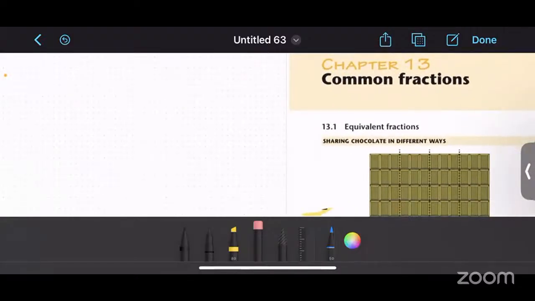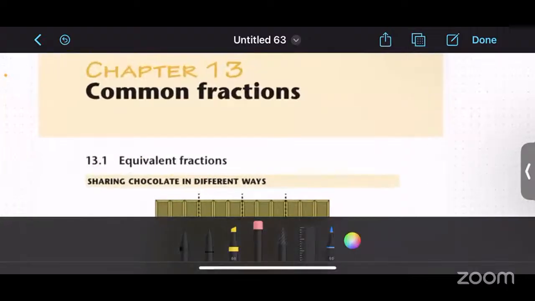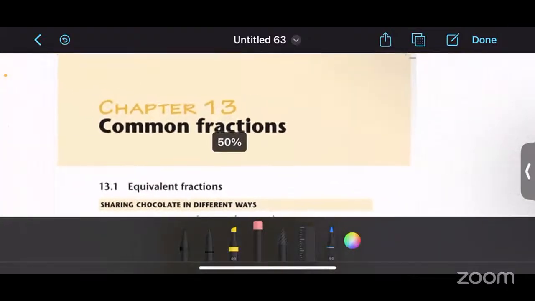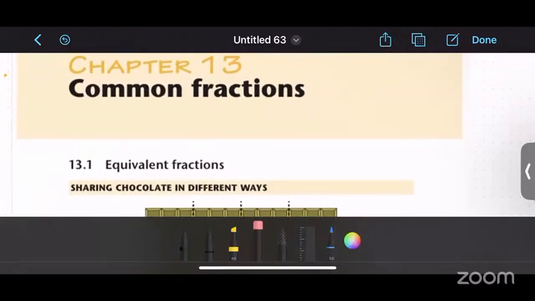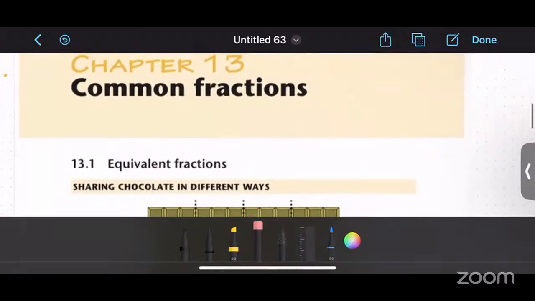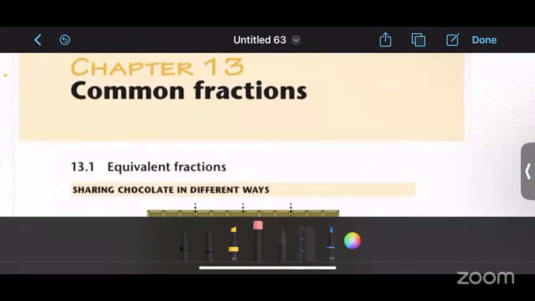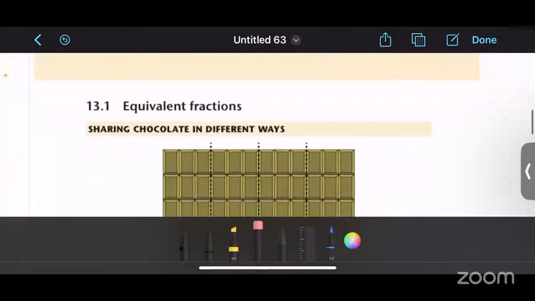Yes, ma'am. Okay, let's look over here. We have common fractions, and they say equivalent fractions, sharing chocolate in different ways.